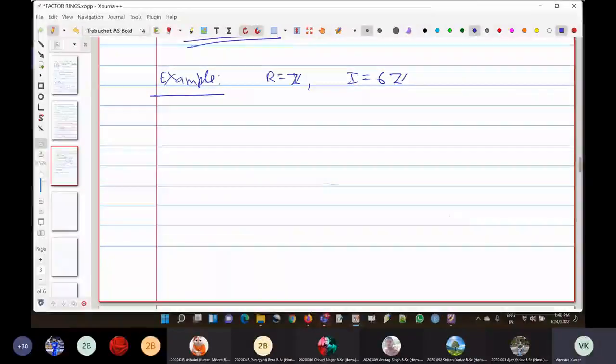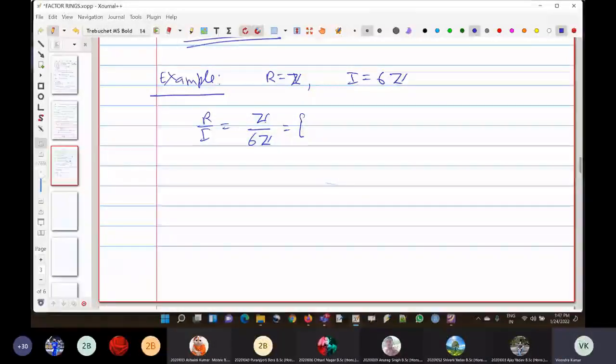Of course, it's not going to be a maximal ideal, but it is still an ideal. So we can talk about R by I, and this is equal to Z upon 6Z. Now, what are the elements here?